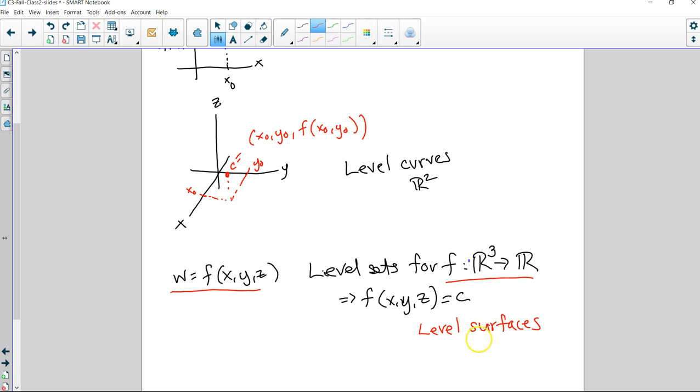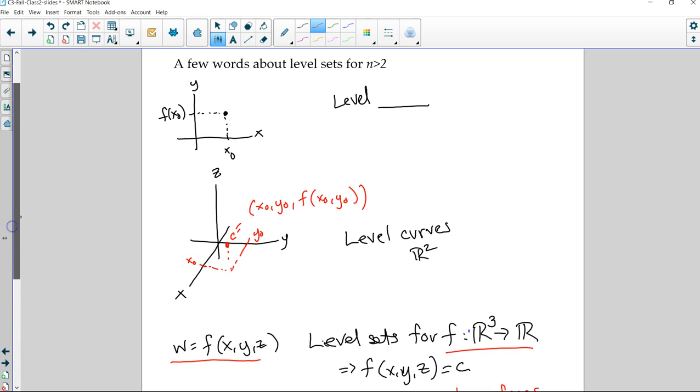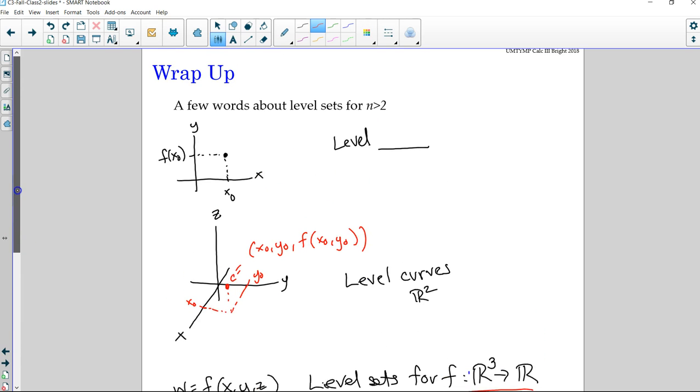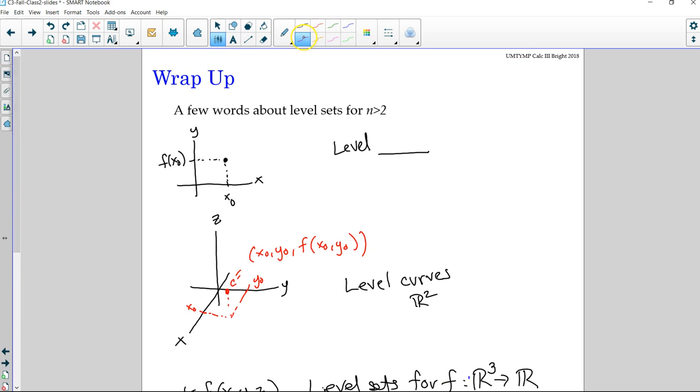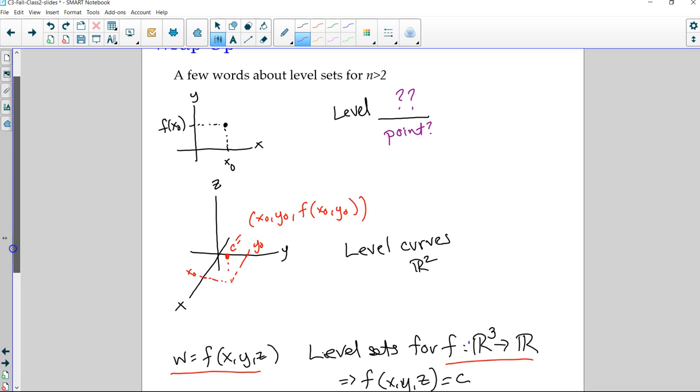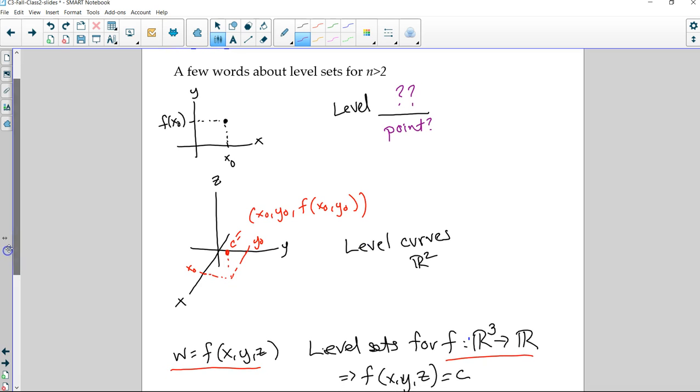That's kind of fun. So in 3 dimensions, we have level surfaces, and in 2 dimensions, we have level curves. Then we have the case with 1 dimension. What do we call that? To my knowledge, we don't actually have a good term for that other than level sets. Maybe a level point. It's kind of weird to say, but you could say a level point, or just a point.